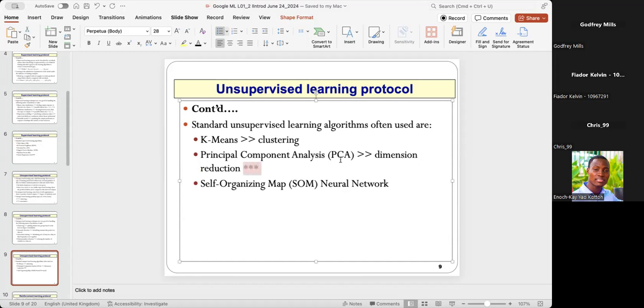And then self-organizing map neural network also helps us to do clustering. Then there is another one, isolation forest.